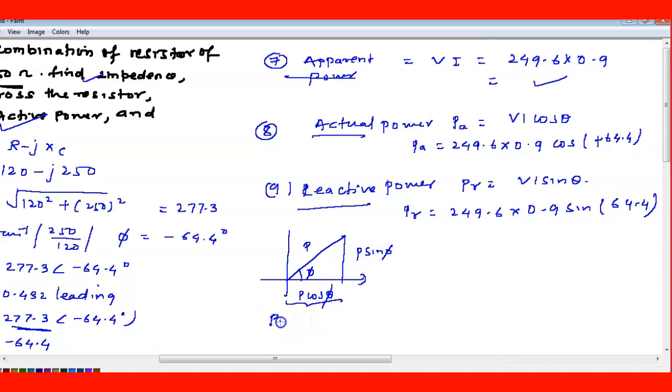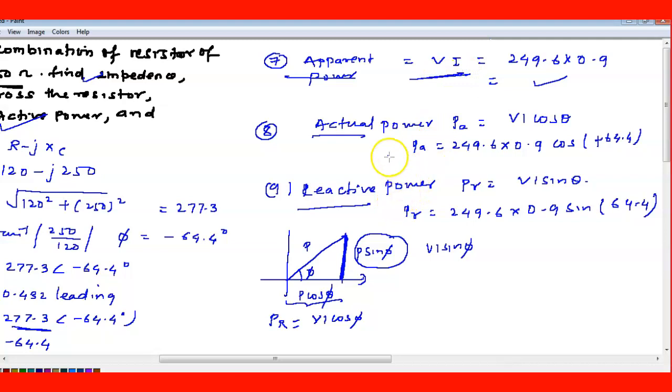So this is the actual power, the power in the resistance, called P cos phi, also written VI cos phi. And power in the reactive side, the capacitor side, inductance side, that coil, that value is VI sin phi, and the magnitude is called apparent power, this VI.